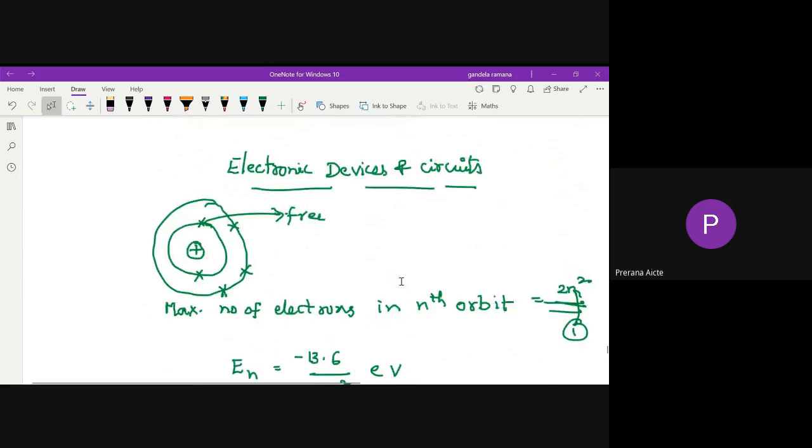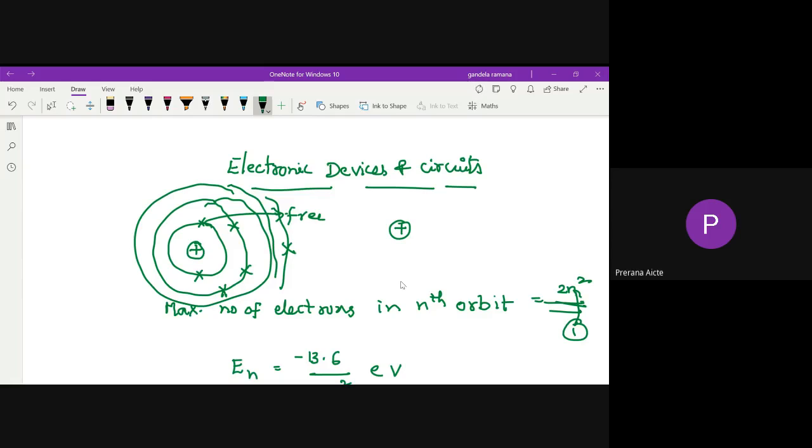When we draw the valency of these, depending upon the configuration, carbon will be 6. So it is nearer to the nucleus. The remaining are farther from the nucleus. Tin and lead are very far away from the nucleus, so it is very easy for them to become a free electron.